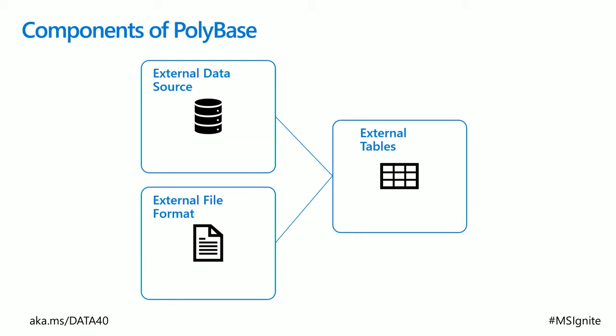So, you know, what are the text qualifiers, what are the comma delimiters, what is the new line feed, how is the data structured. With that information, both the external data source and the external file format, PolyBase is able to use a CTAS statement, which is an acronym for Create Table As Select.